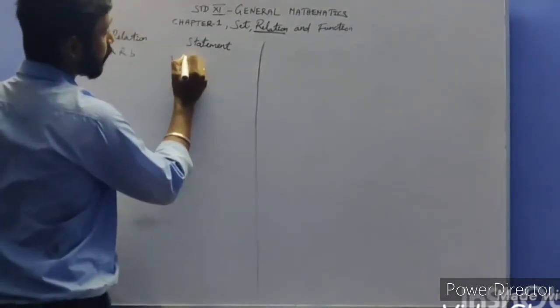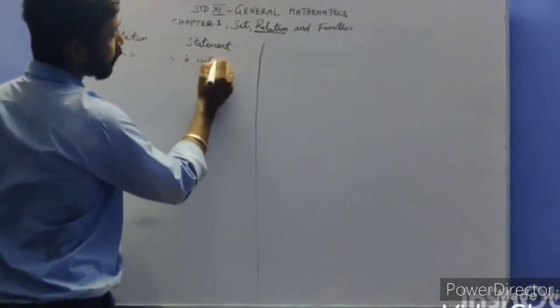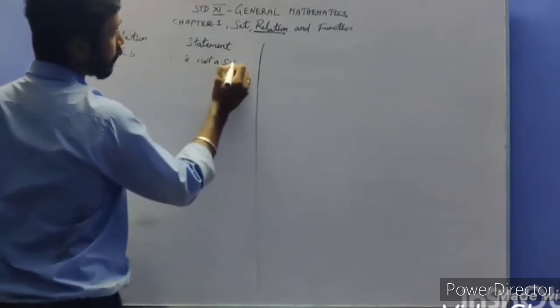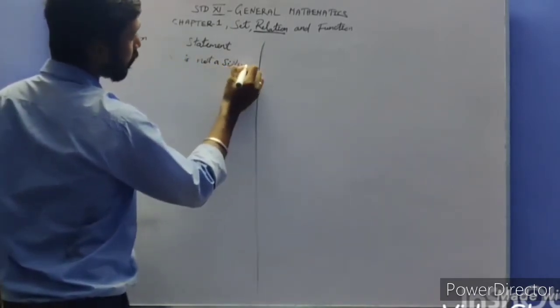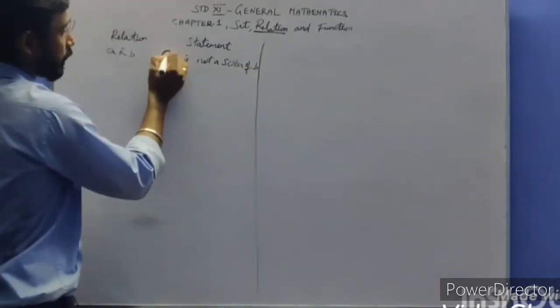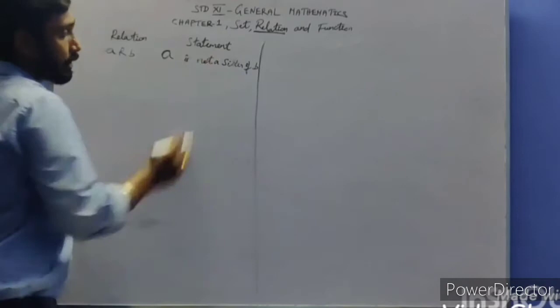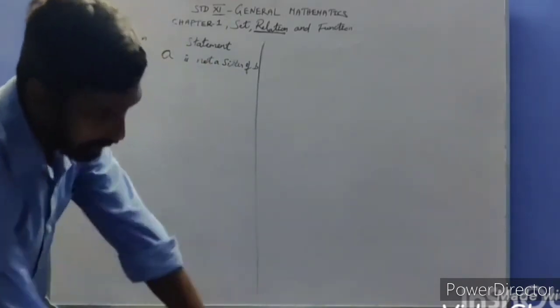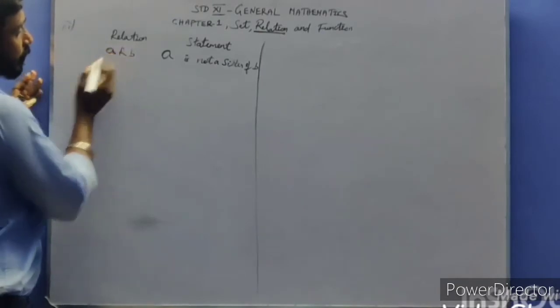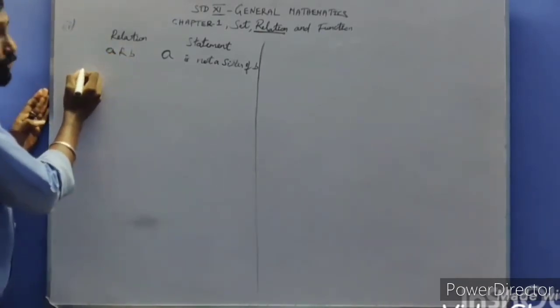What is the statement they gave here? A is not a sister of B. Same condition. Here you have to take it. Now we assume the values.